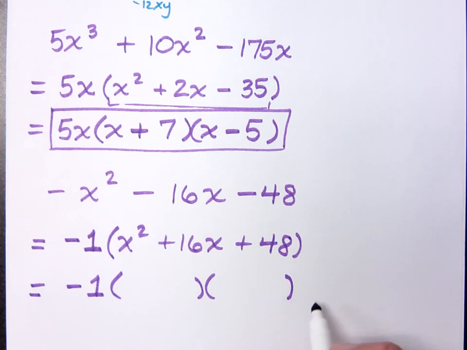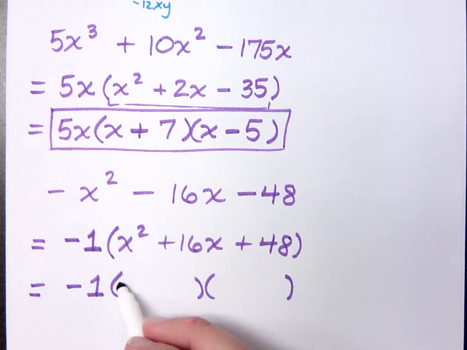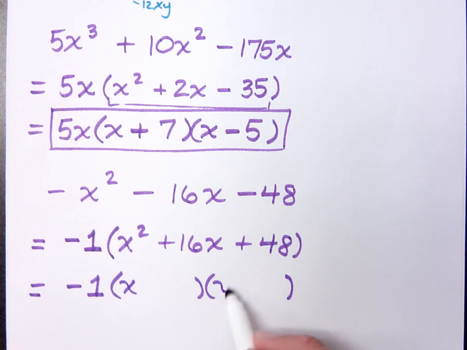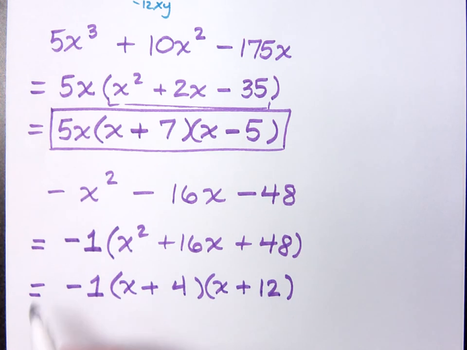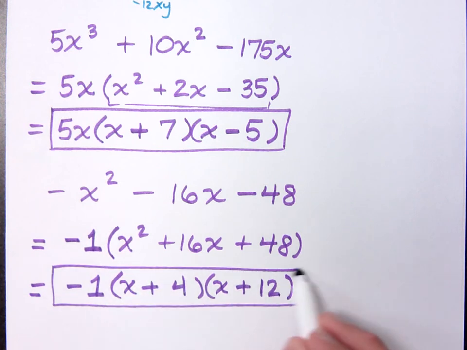How do we break it down? So x and x, everything here is positive now. We use 4 and 12. 4 times 12 is 48, and 4 plus 12 is the 16. That GCF of negative 1 does not go away. It's still part of the answer. Any questions about these?